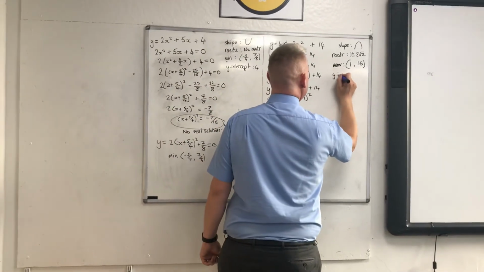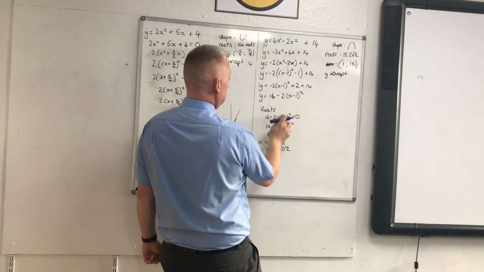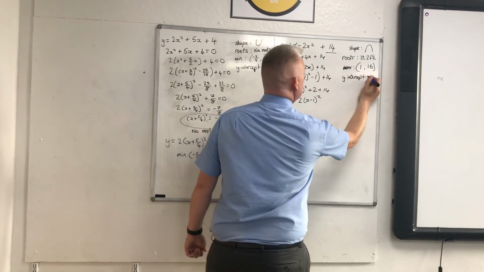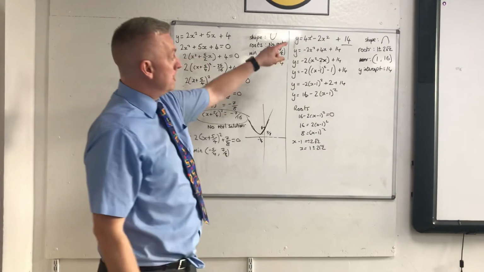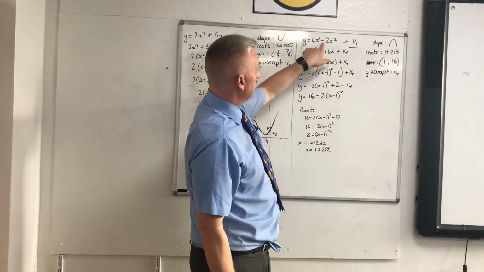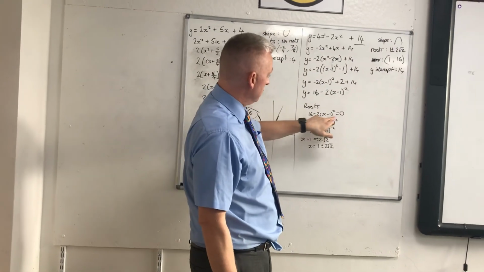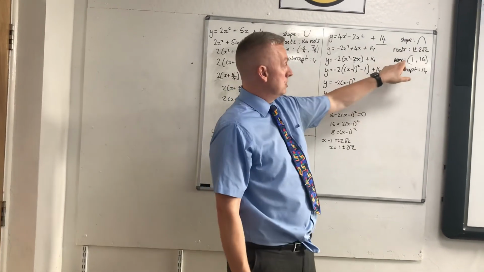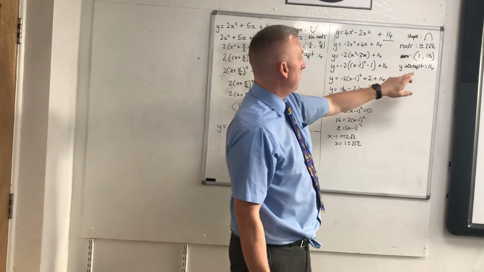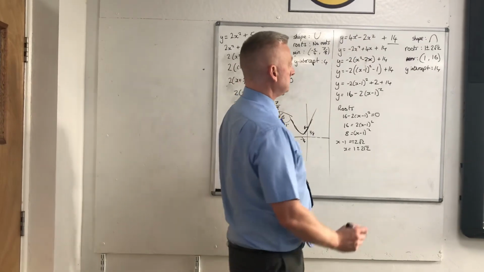And the y-intercept is, look here, 14. So just remember where to look for those. The shape I get from here, that's negative. I've got the roots just by completing the square and putting it equal to 0. I've got the maximum from the completed square form, and I've got the y-intercept from inspection of the original form.